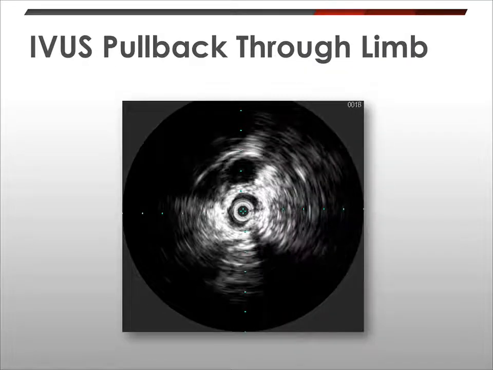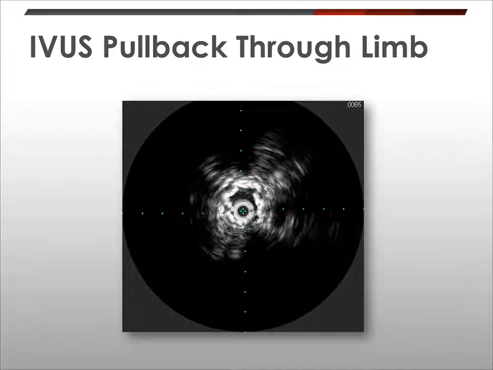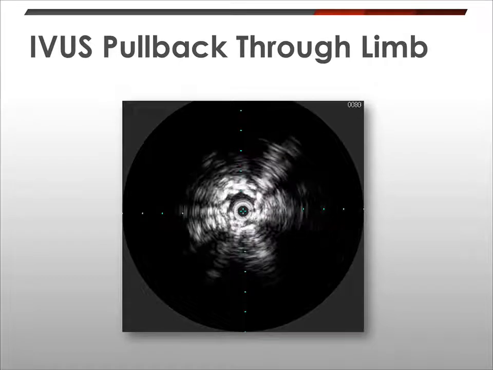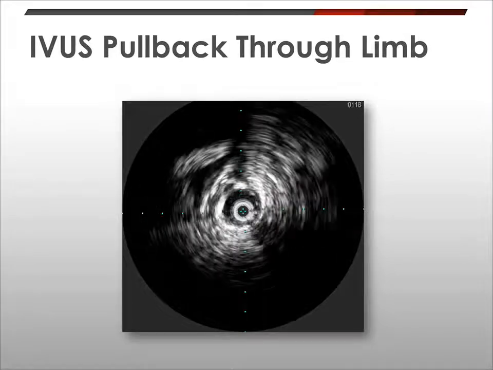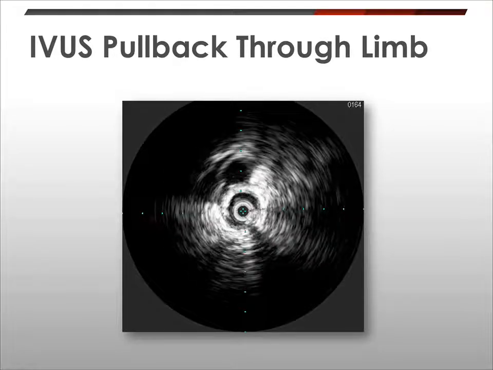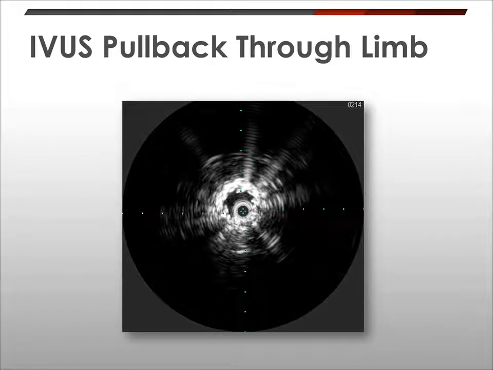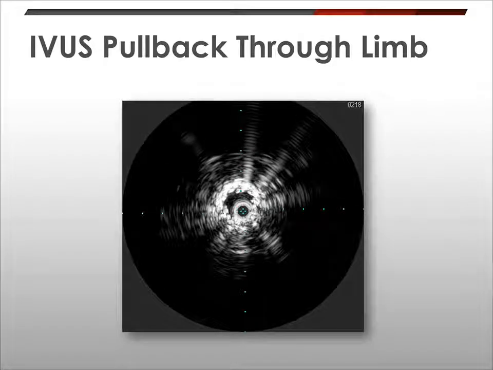I then do a completion IVUS run to make sure I don't have any issues with the main body having graft infold, or that there's any iliac limb stenosis at the aortoiliac bifurcation or in the iliac arteries themselves.